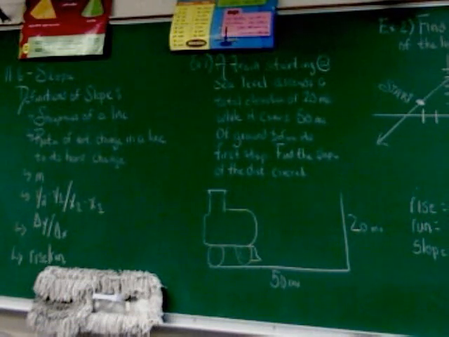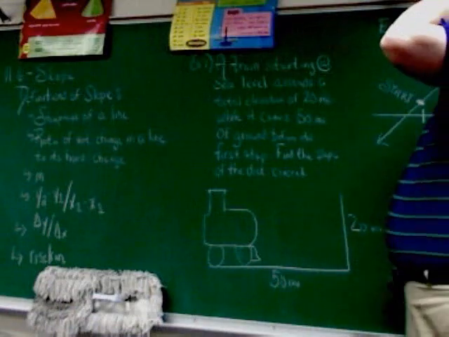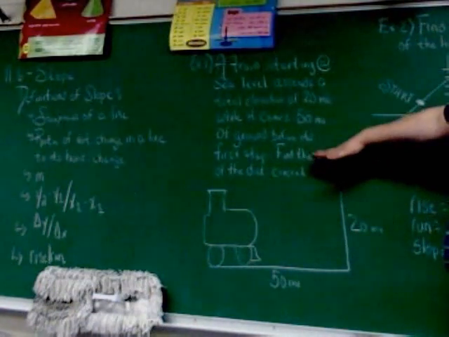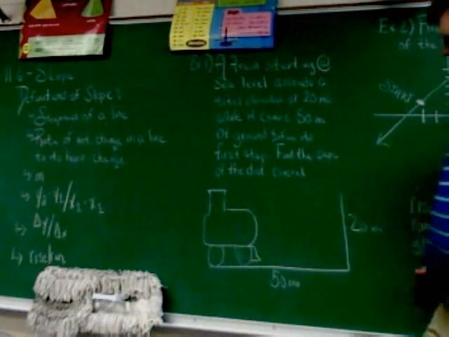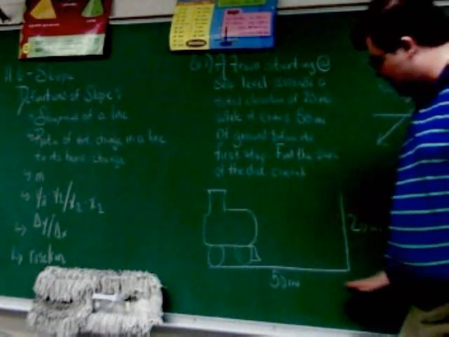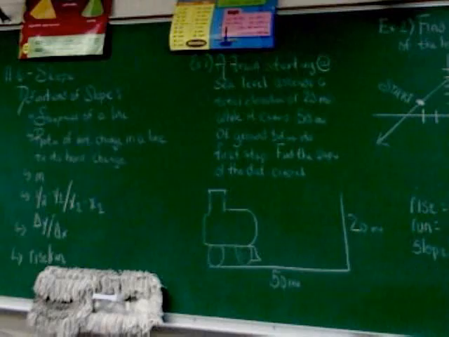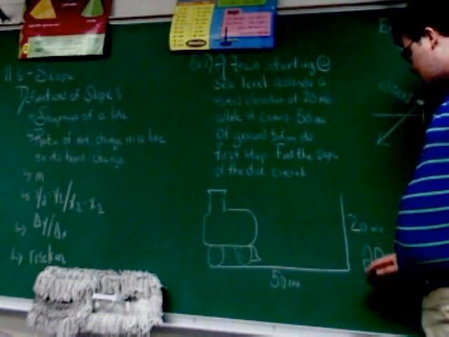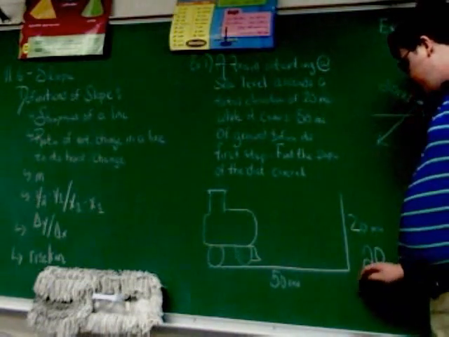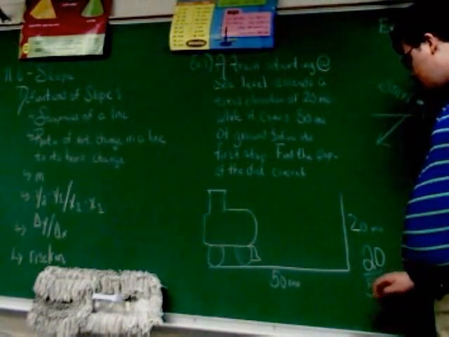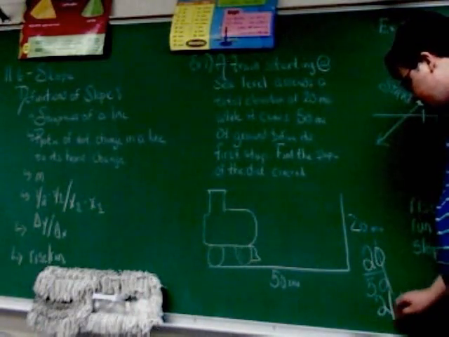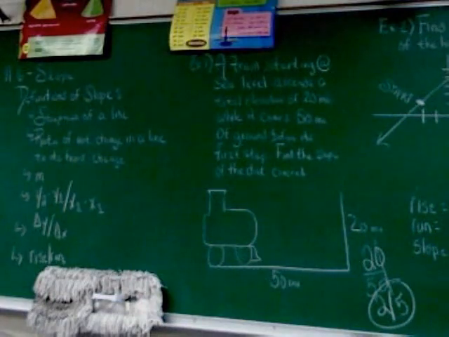So as you can see from my terrible drawing here, the train, starting at sea level, has to come up 20 miles, and it's going to cover 50 miles of ground horizontally. So the slope is just the rise, 20, over the run, 50, and of course that can be reduced to 2/5. So the slope is 2/5.